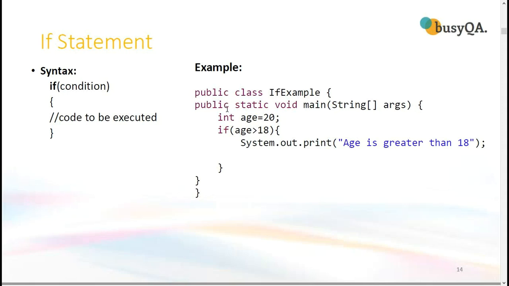Then the next hierarchy is the main method. So this is where also a curly bracket is telling Java, now you're in the main method, and the main method goes all the way and ends right here. The next hierarchy is your if statement. So we're saying Java, for this condition, if it's true, the scope starts from here and the scope ends here.